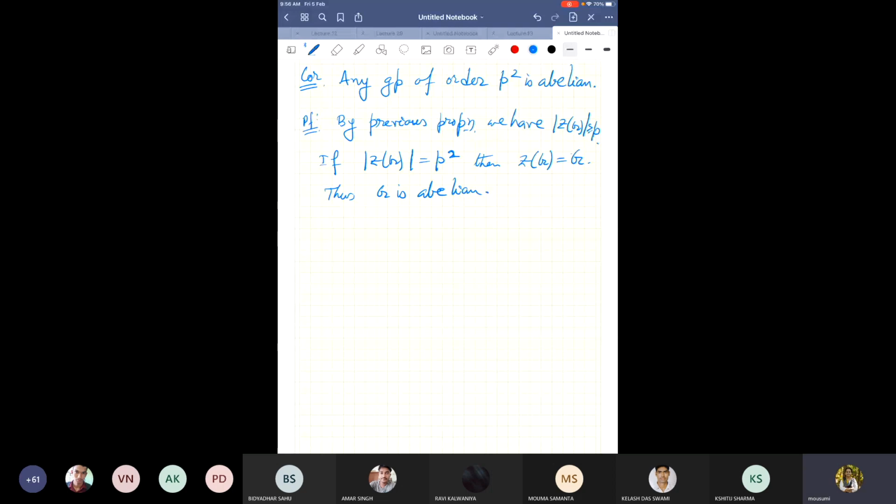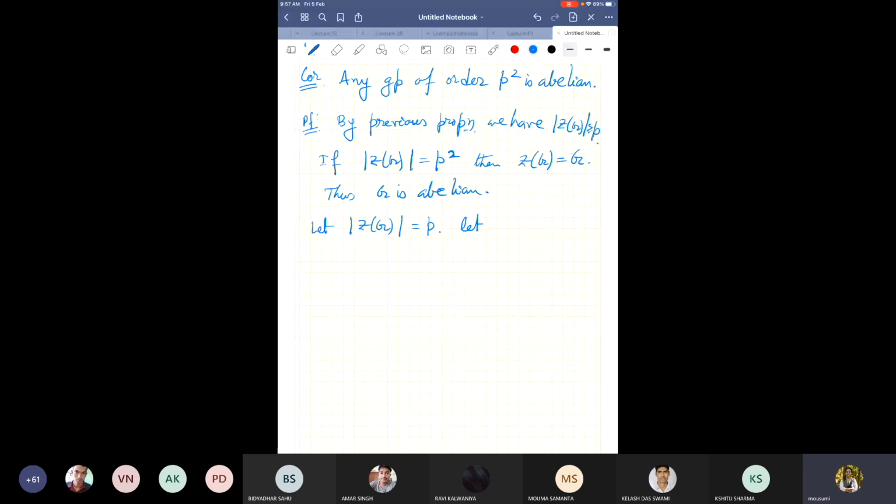So we are left with the case where the order of the center is p. If its order is p, that means there are elements outside the center.